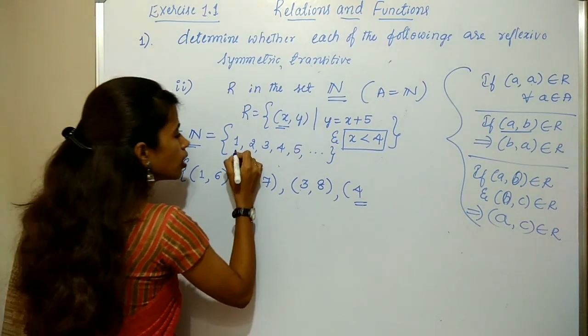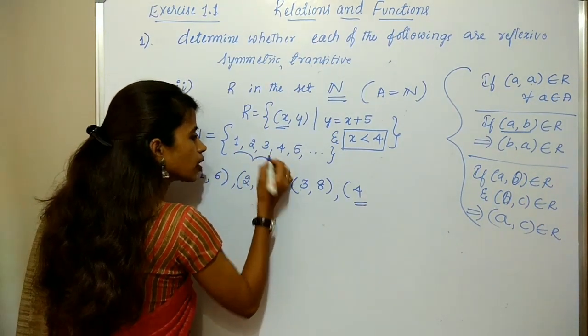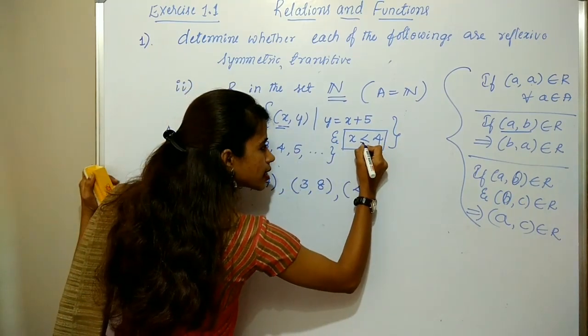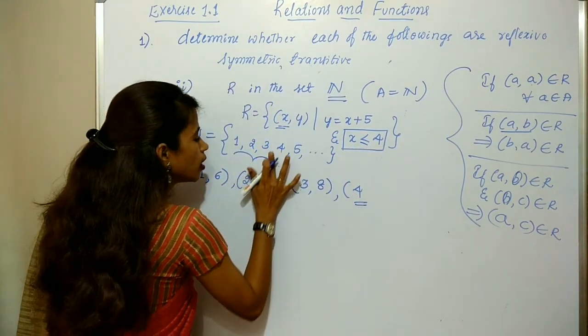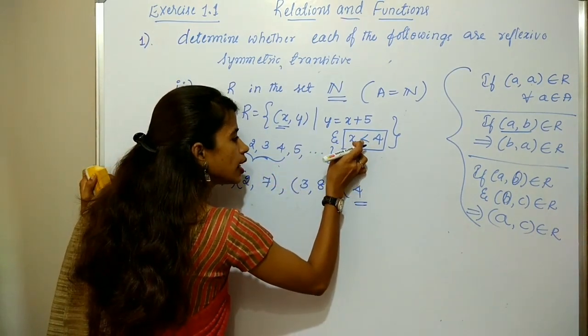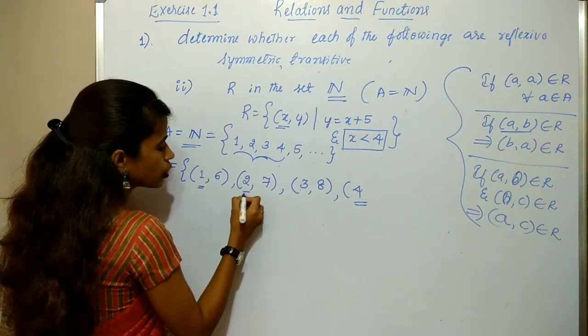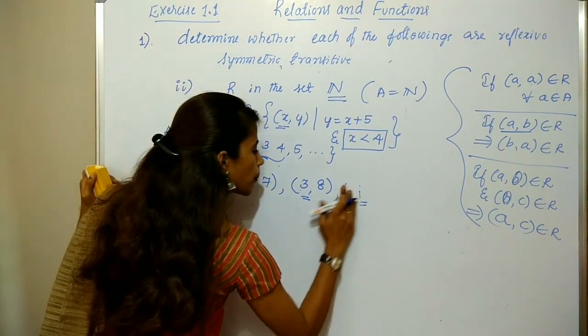It means we must take up to 3, not 4. If they had given less than or equal, then we would take 4 also. Here they gave strictly less than. Therefore, we take 1, 2, 3 in place of x. That's it.